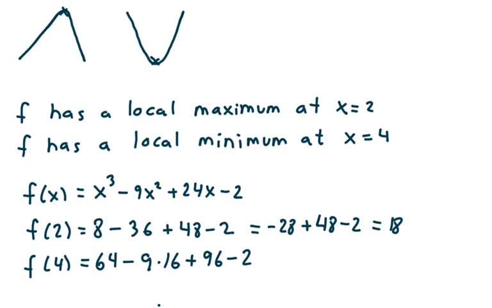And I'm going to take negative 144, add 64, and then I'm going to add 94. And then this is 14. So f has a local maximum at f of 2 equals 18, and a minimum at f of 4 equal 14.